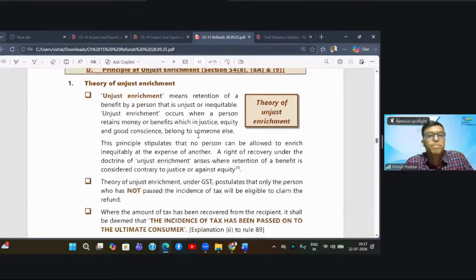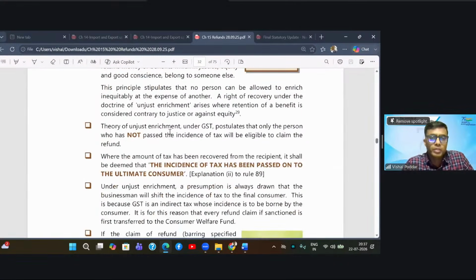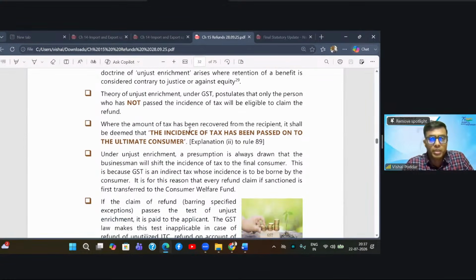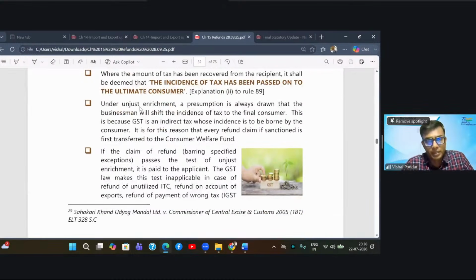And that is where this principle comes in. This theory of unjust enrichment requires that only the person who has borne the tax incidence, who has not passed it further, is eligible. Where the amount of tax has been recovered from the recipient, it shall be deemed that the incidence has been passed on to the recipient.